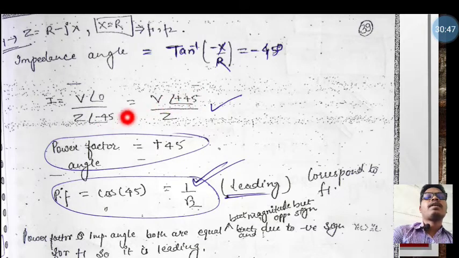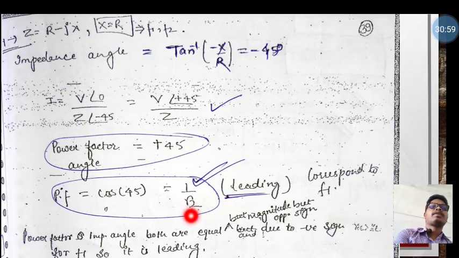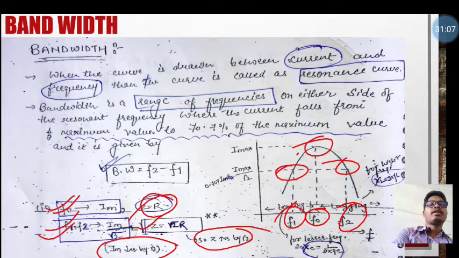So we take minus 45 degrees to the numerator side, then only you will get positive 45 divided by Z. So the power factor angle is plus 45, that's why the power factor is equal to cos 45, which is 1 divided by root 2. So it is leading in nature. So at the frequency f1 it is leading in nature.